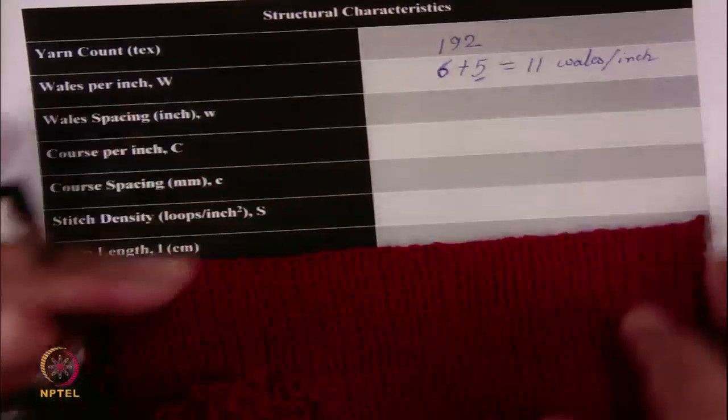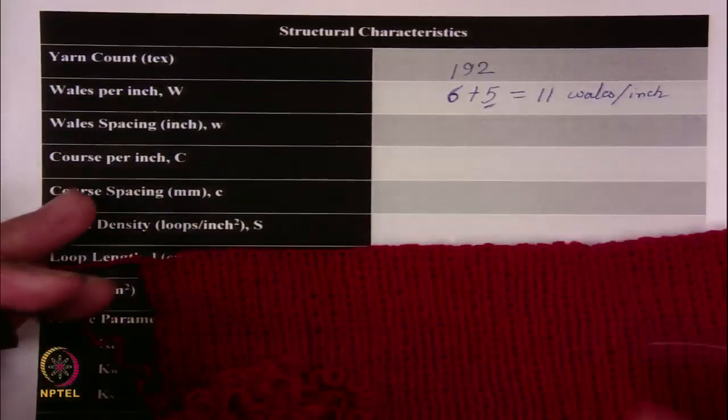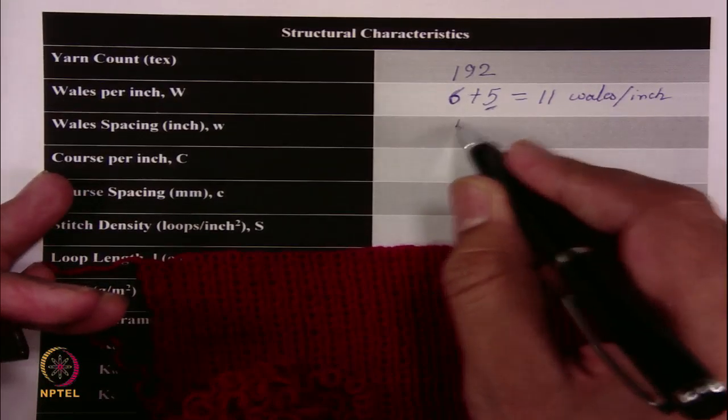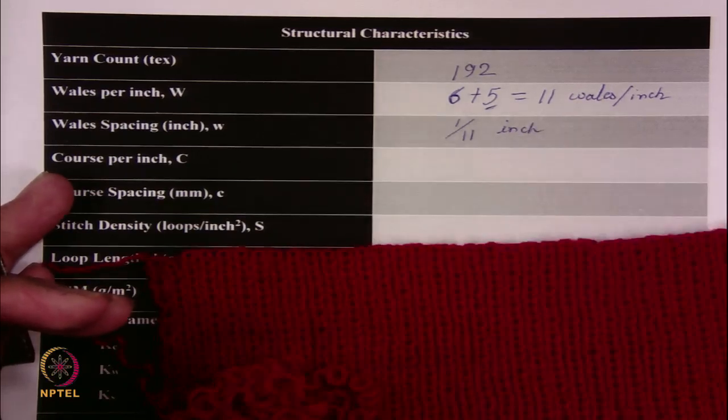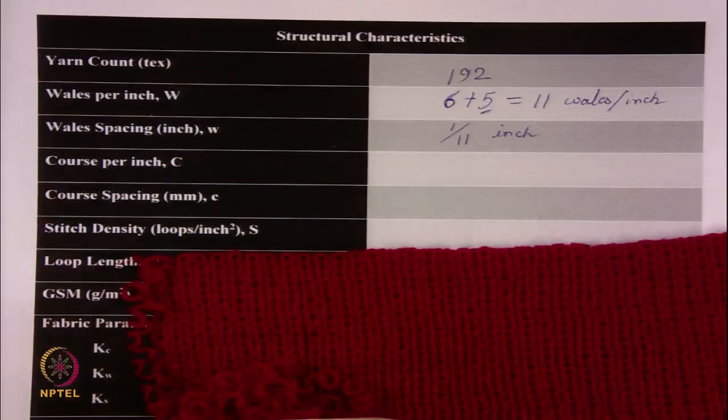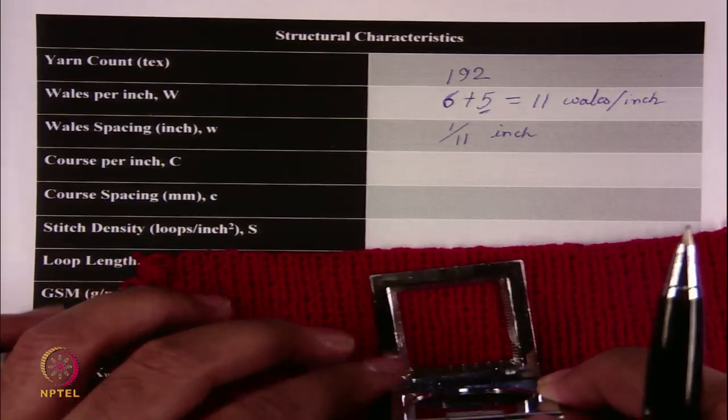Wales spacing is defined as the distance between two consecutive wales, so 1 by 11 inch. Course per inch: you can count the number of courses also.